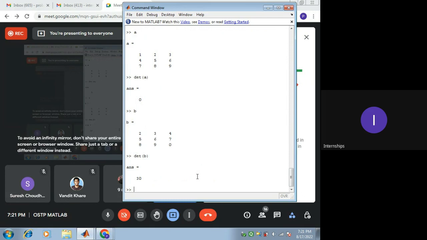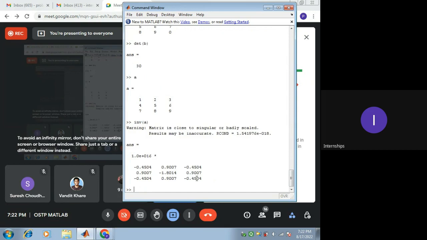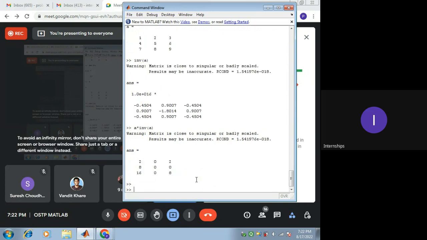Now, to find out the inverse of this A matrix, that means inv of A is the inverse of the matrix. Multiply A cross inverse of A matrix.